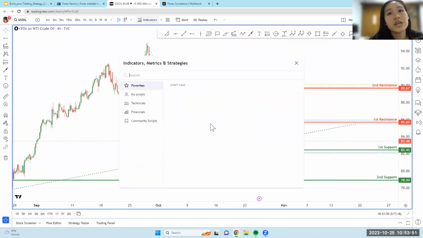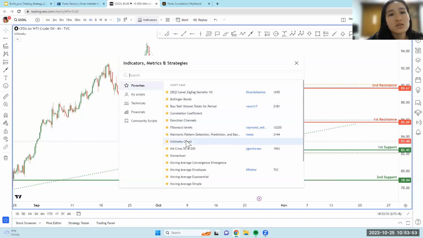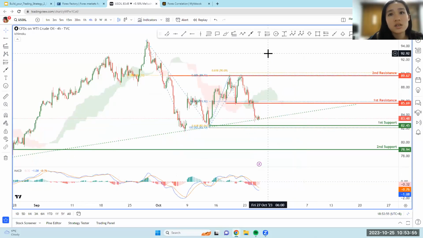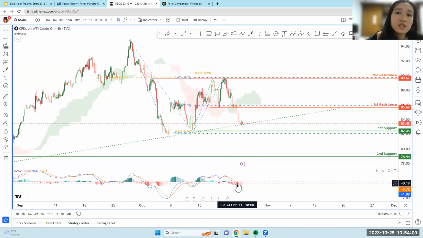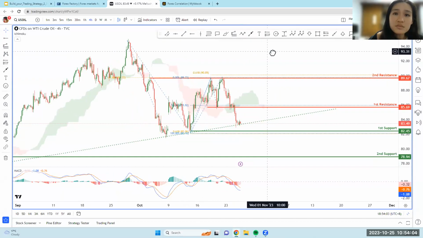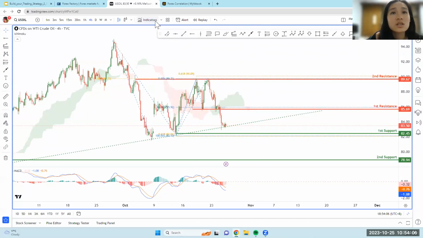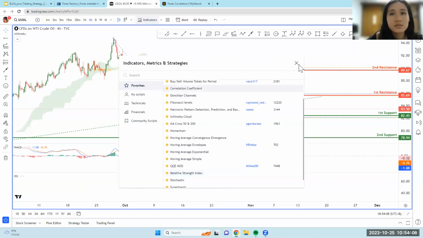Now let's look at some indicators. Same thing, price is moving below the Ichimoku cloud, so it's giving us a bearish signal. MACD is also giving us a bearish signal. Let's see RSI.